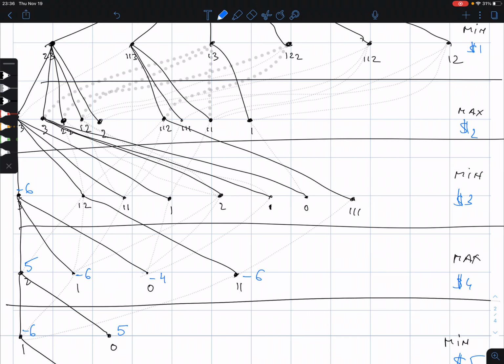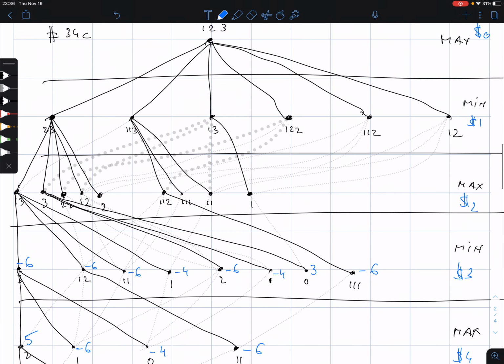So this all costs you negative 6. The 1, 1 has only one child, so you inherit from that child. The 1 has one child, so you inherit from that child. The 2 has either a negative 6 or a negative 4, so that is a negative 6. The 1 inherits from the child. The 0, that's where you're going to make money, and the 1, 1 inherits from the child, so negative 6.